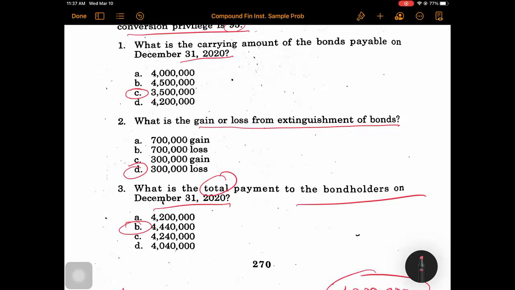Question so far? So we are done with compound financial instrument. Questions?